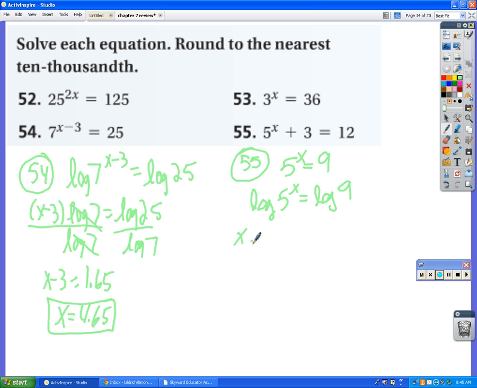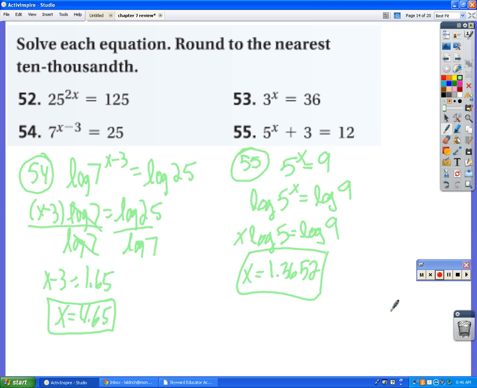Exponent in front. Exponent in front. What decimal place do you want us to go to? It says 10,000. Didn't notice that. Tens, hundreds, thousands, 10,000, 4 decimals. So what'd you get? 1.3652. Because that's what they want.